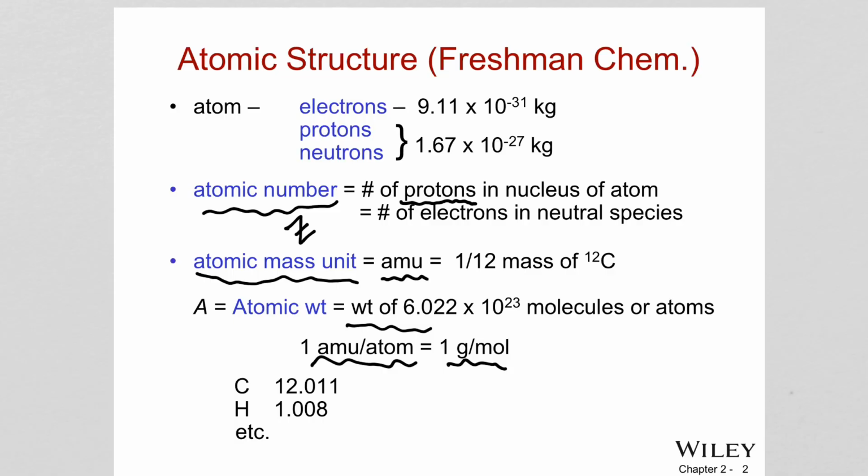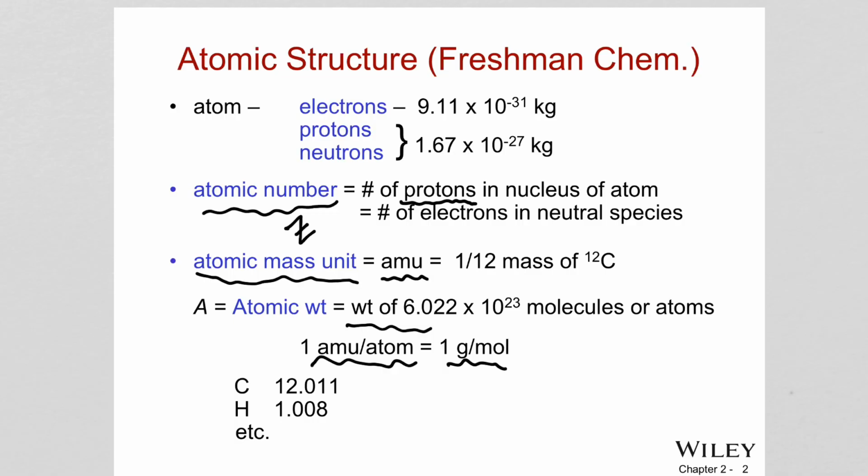So for examples, carbon is 12.011. That means carbon is 12 atomic mass units. Okay, you can read it as carbon is 12 atomic mass units. It has 6 protons and 6 neutrons.